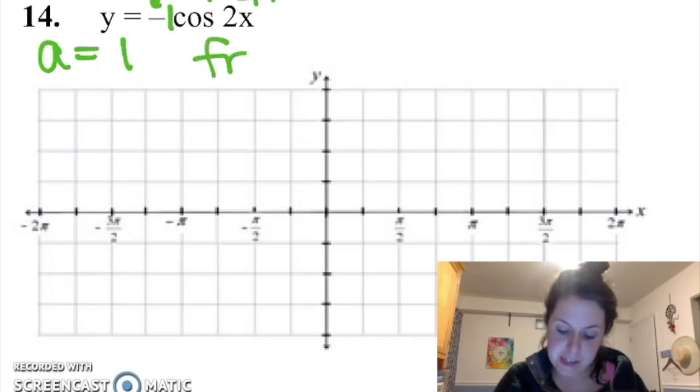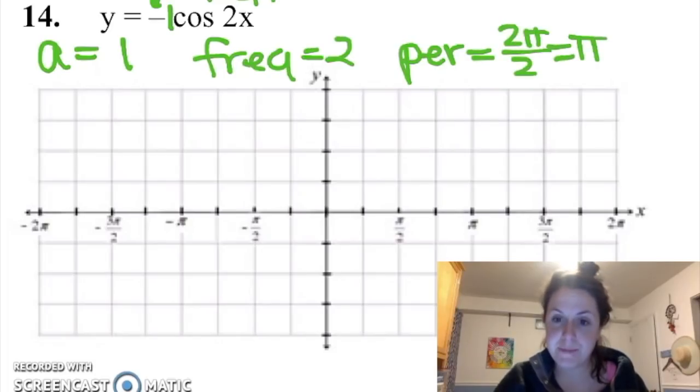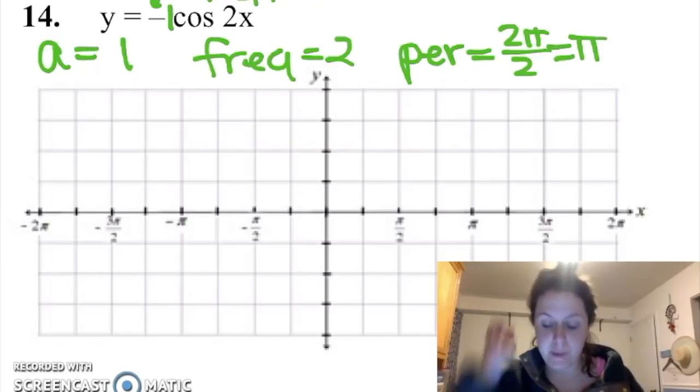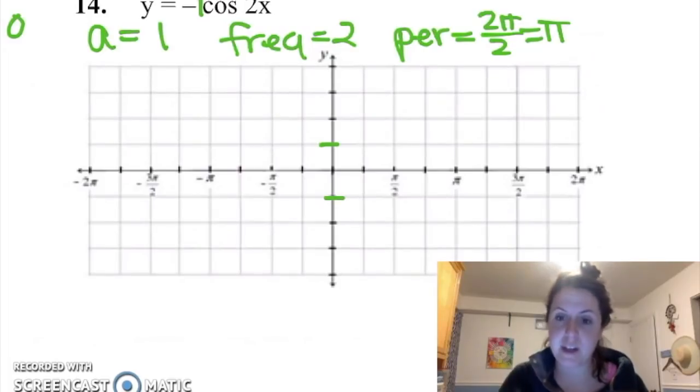Your frequency is 2, which means the period is 2 pi over 2, which is just pi, and the midline is still 0. So this is going to have an amplitude of 1 and a midline of 0.